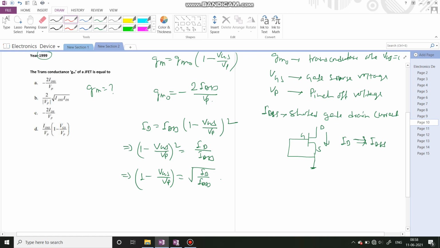Now we put this value in the transconductance equation.